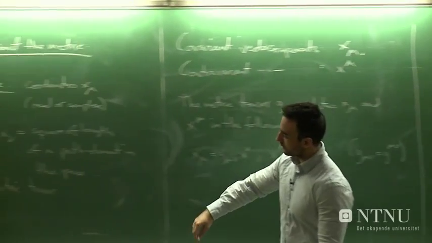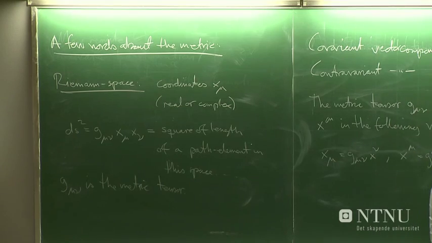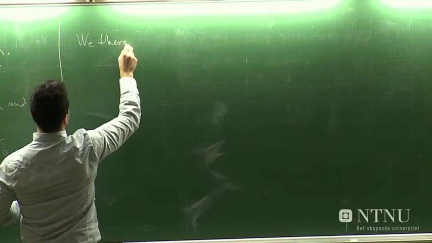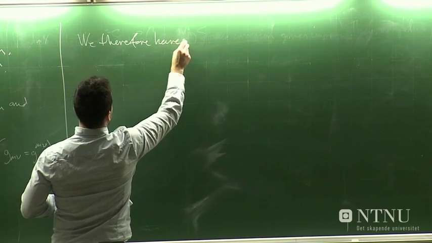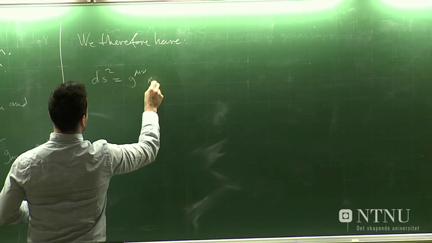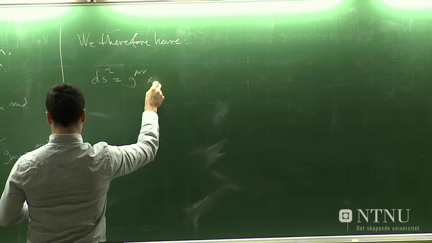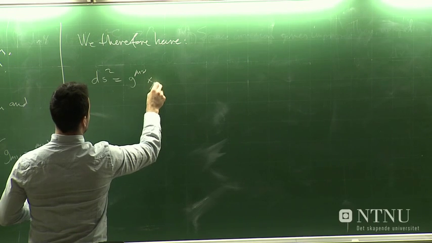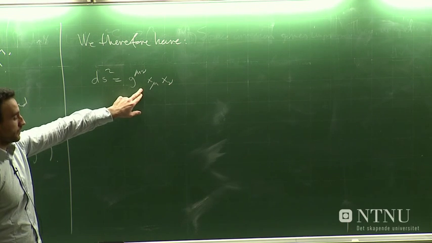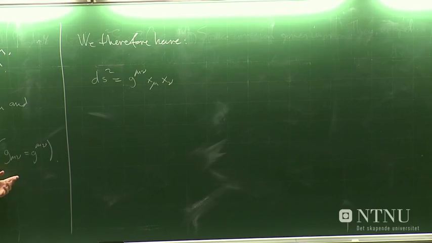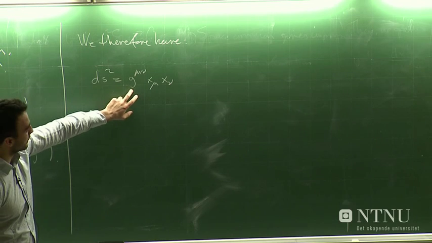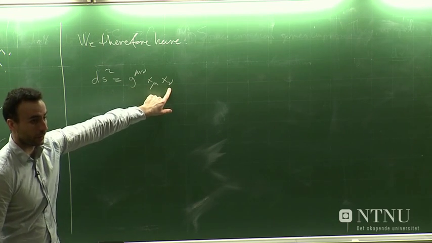So using our definition here for this infinitesimal path element in the Riemann space, we have this, where I've now just rewritten the metric tensor according to this. I just raised the indices here. So we see here now that this part summed with this part becomes a contravariant vector.